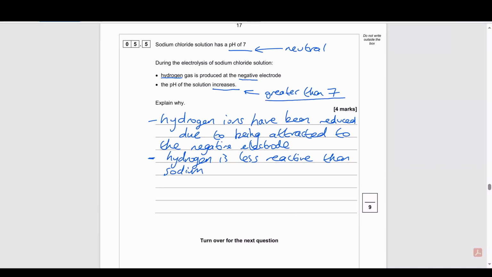So our last two points that we would need to say would be that the water molecules split to form hydrogen and hydroxide ions.